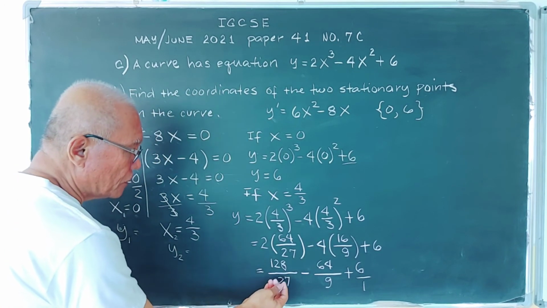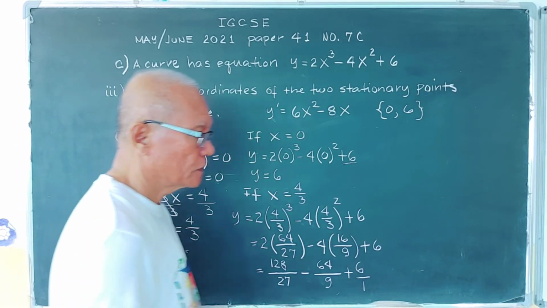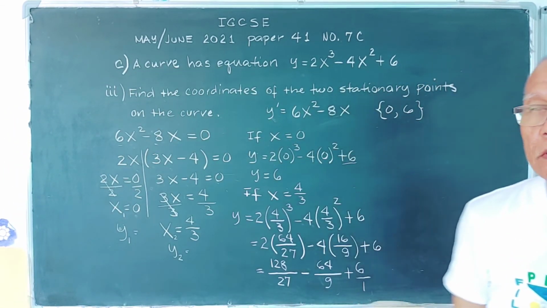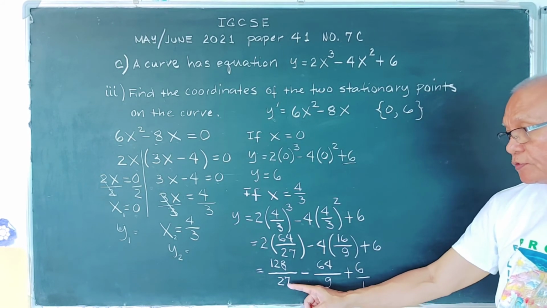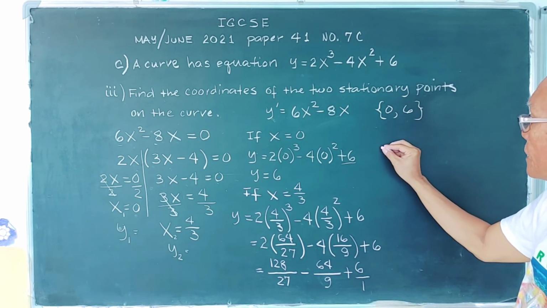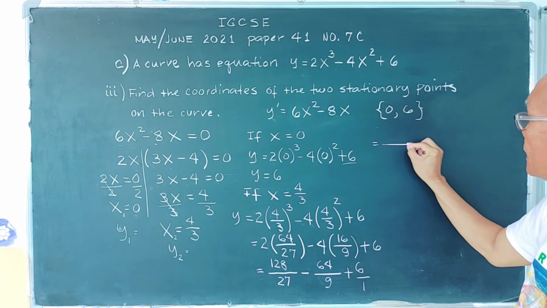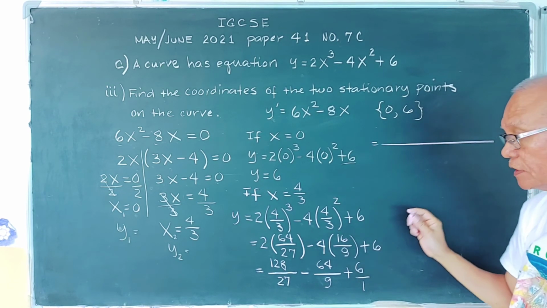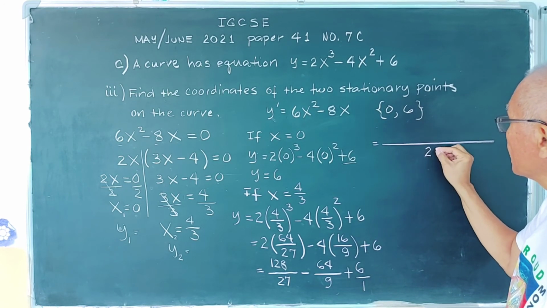So we see here that we are going to add fractions. How do we add fractions? We get the LCD because their denominators are different. This one is 27, this one is 9, and the other one is only 1. So let's have here the LCD. The least common denominator of 27, 9 is 27.